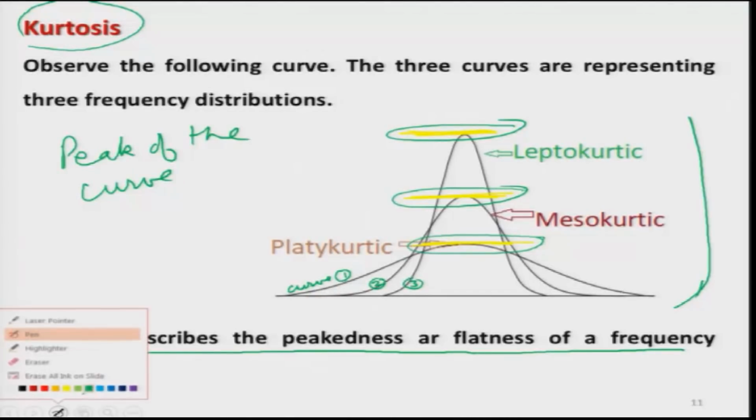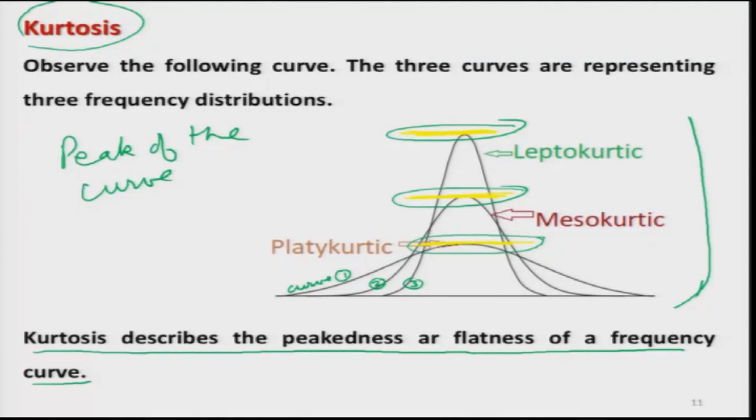So, now we can compare the peaks of other curves with respect to the normal curve, and this is what we are doing in this picture. Here, if you try to see the curve in the middle, curve number 2, this is the curve of the normal distribution, and we are trying to compare the flatness or peakedness with respect to curve number 2.